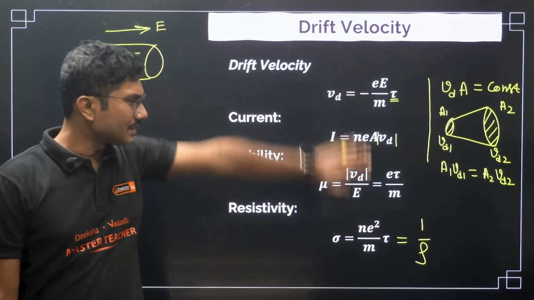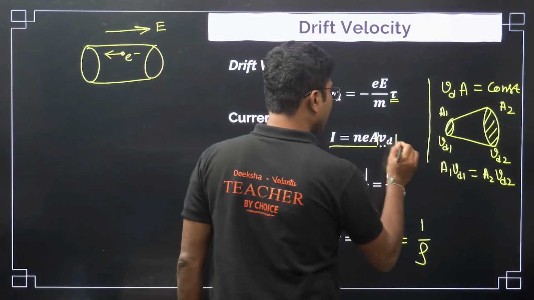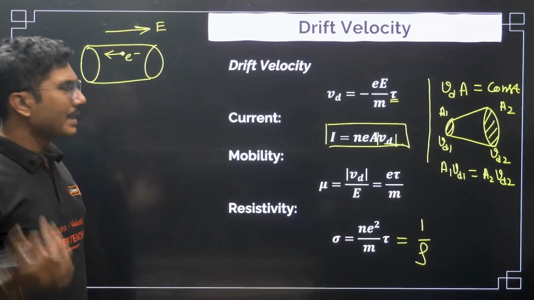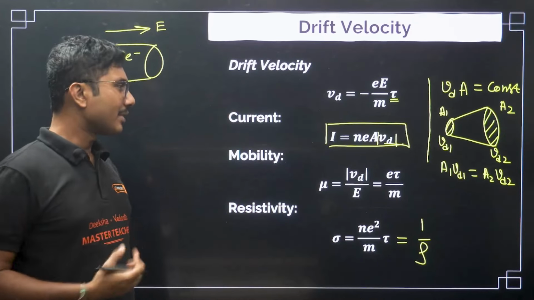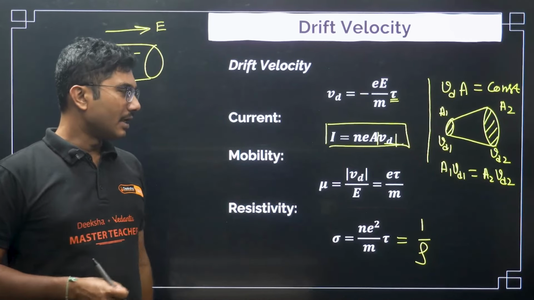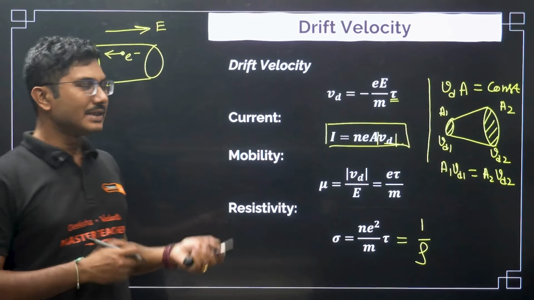Now not all the formulas are important, but this is a must-remember formula. Sometimes they might ask you these derivations, especially the mobility derivation, but derivations are easy, not difficult.